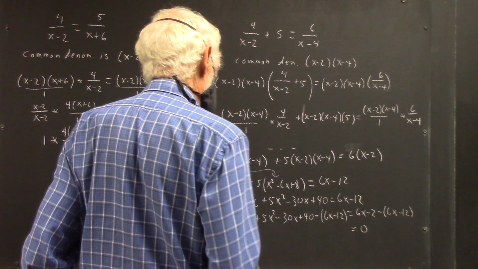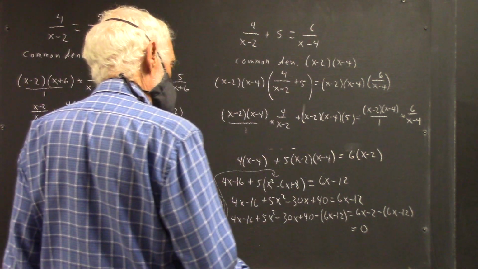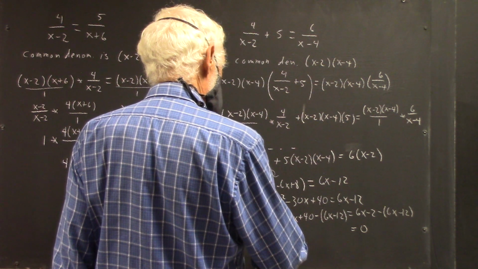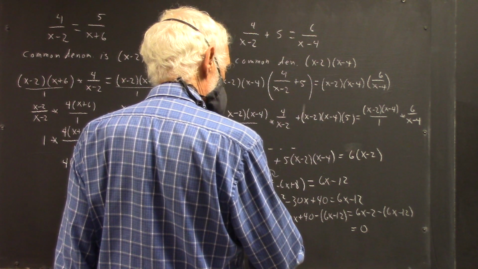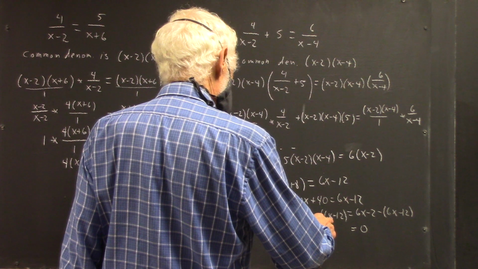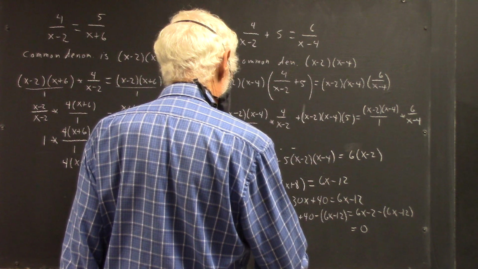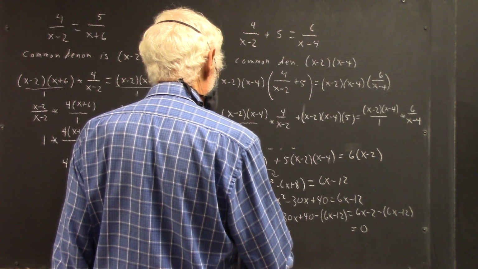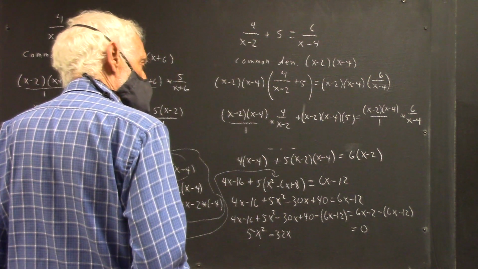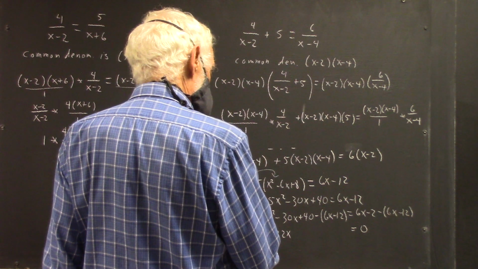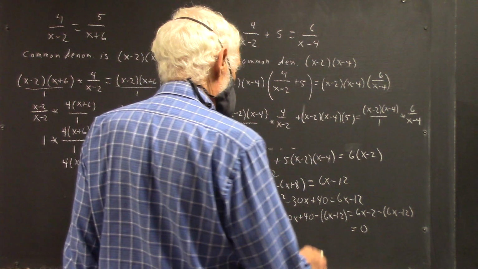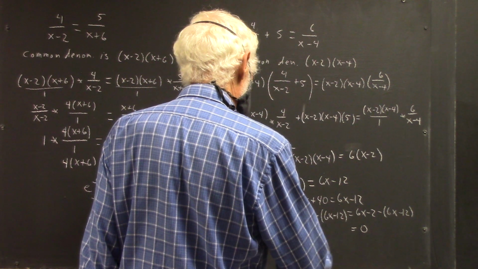Then we do the rest of the arithmetic. You've got to distribute that negative sign, and you've got to be careful. But on x's, we're going to have 4 of them. And then negative 30, which is negative 26, and then minus 6, which is minus 32. So I think we get negative 32x. Now we're going to have 5x squared. There's only one x squared term here. And then our numbers are going to be negative 16 plus 40, which gives us 24, and then plus 12, which gives us 36.